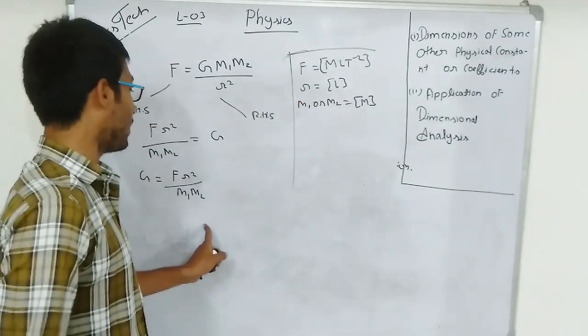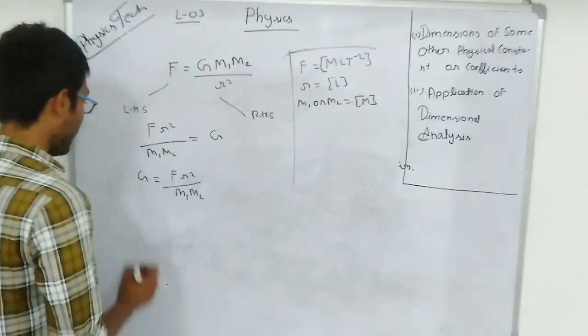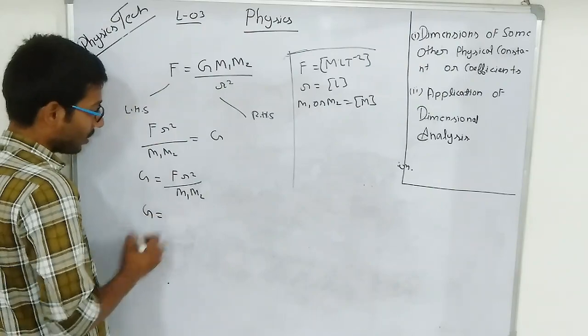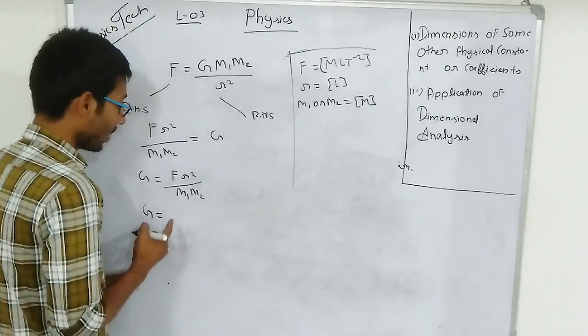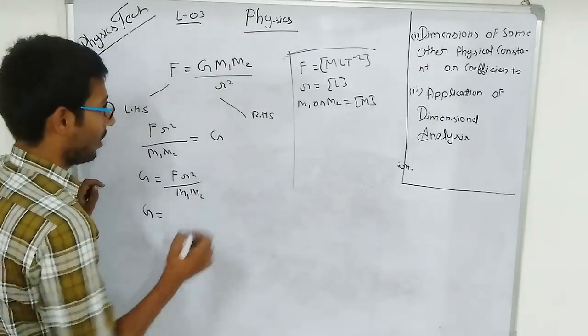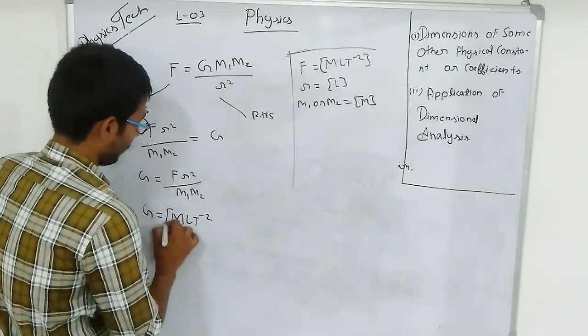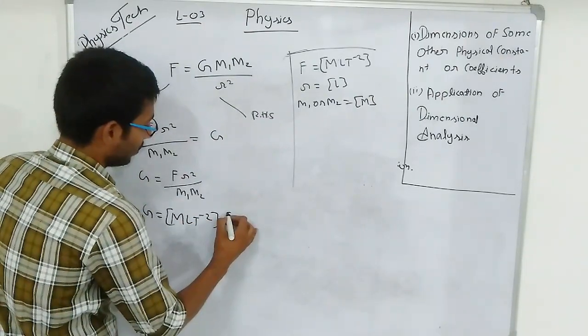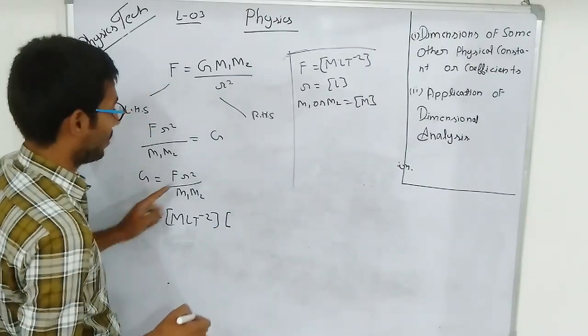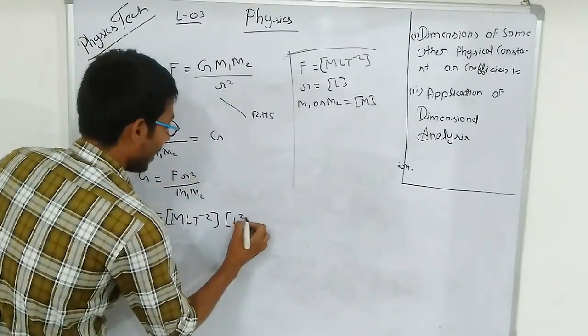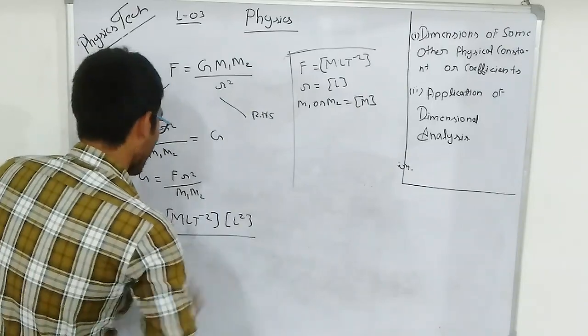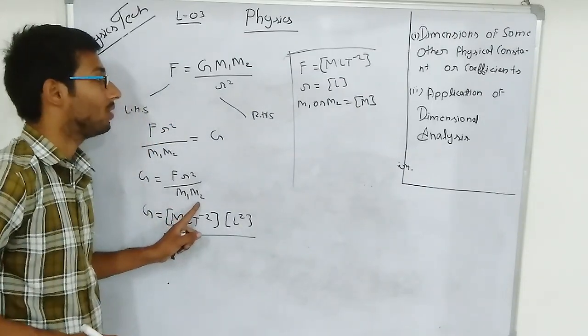Putting all these values in this formula, capital G is equal to F, M L T base minus 2, into R square, where R is L base 2, upon M1 M2.